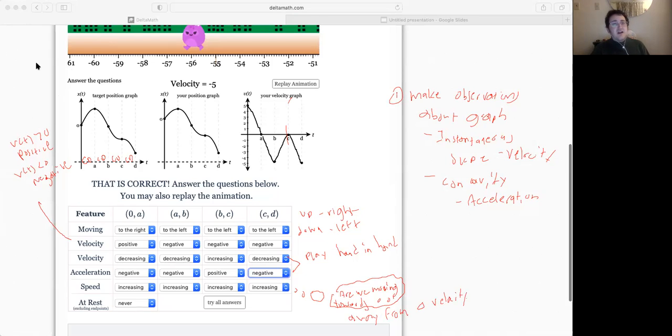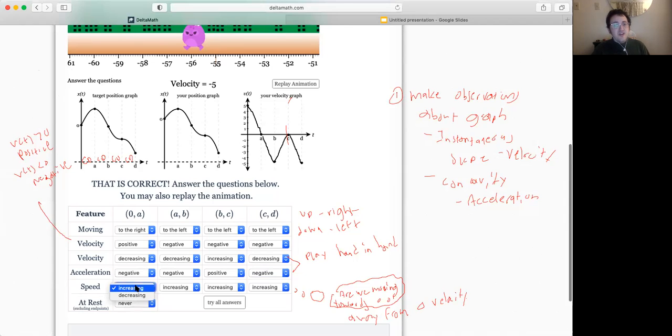Obviously from 0 to A, we are moving towards 0, so our speed is decreasing. But between A and B, we are moving away from 0, so that speed is increasing. Then we're moving back towards 0 from B to C, so we are decreasing in speed, and then we are increasing as we are moving away from 0.